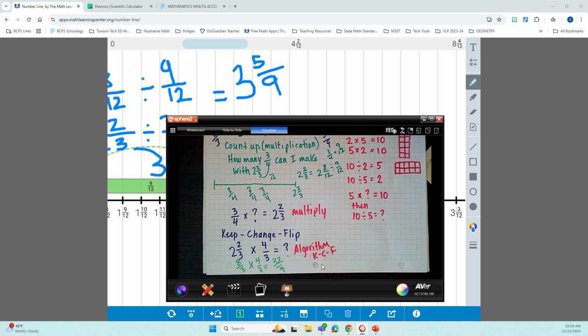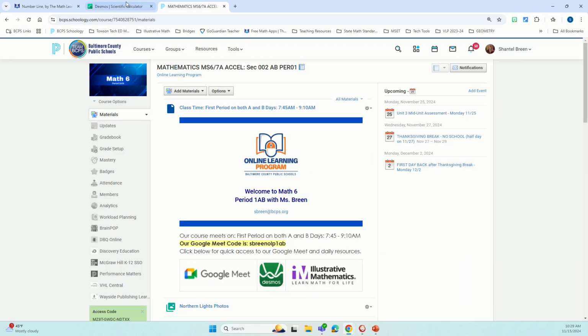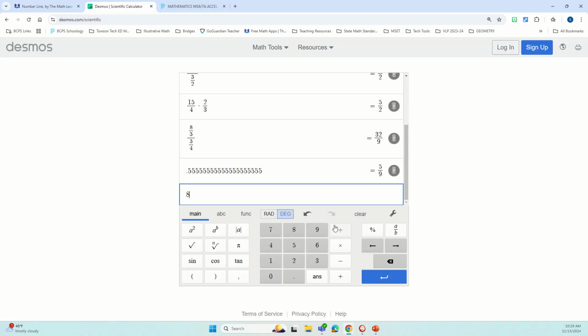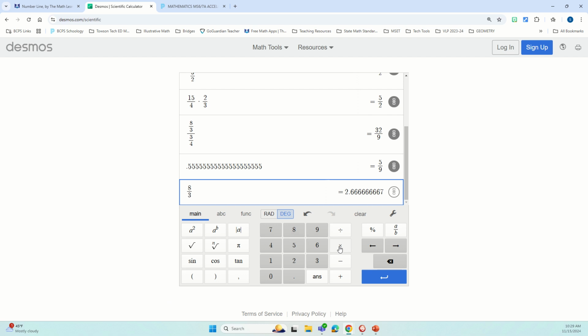Okay, so let's go ahead and pull it out in the calculator. 8/3 times the reciprocal, 4/3. Okay, look, 3.55555555, 32/9.